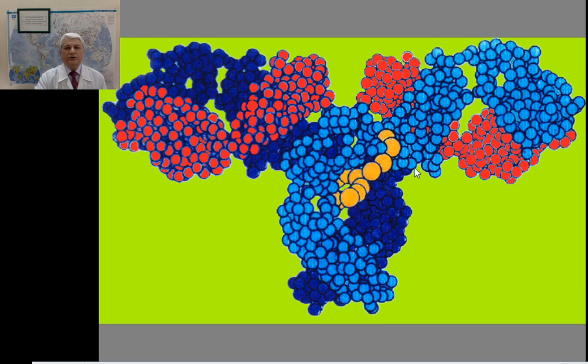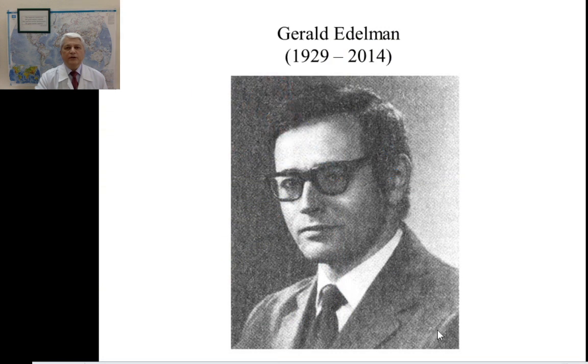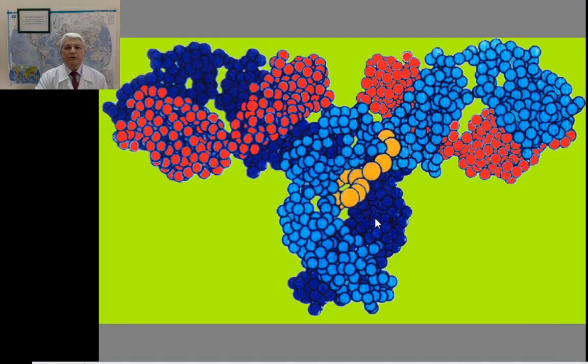Before I change the picture, I want to show you also these orange balls that show the carbohydrate component of immunoglobulin. The conclusion is that immunoglobulin is a complex protein, because it has not only amino acids but also a carbohydrate component, situated between the 2 heavy chains.